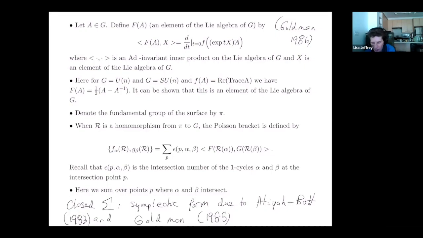It's certainly possible to do parts of these constructions for groups that are not semi-simple. The Cartan form could be degenerate.